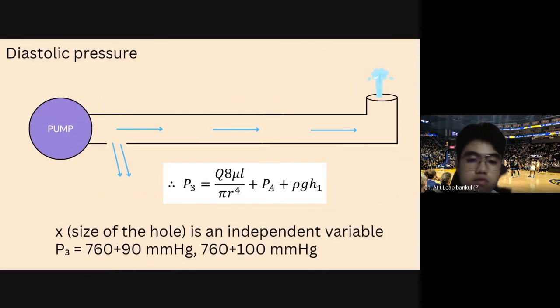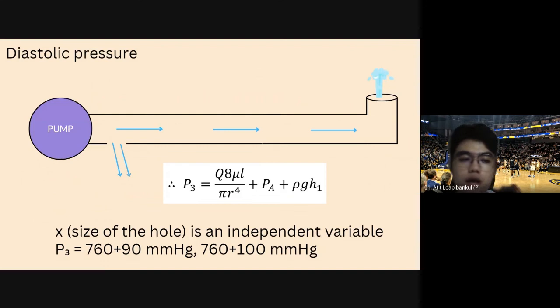So in order to find diastolic pressure, it's a little bit more complicated than systolic pressure because I have to cut the hole, right? But the independent variable will be changed from L to X, which is the size of the hole.